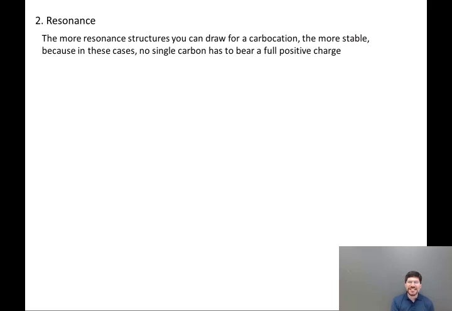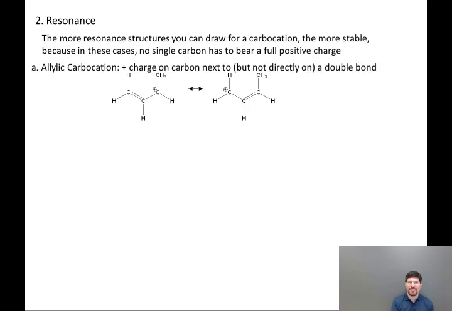In a previous lesson on resonance, you have already been introduced to the three important examples of resonance-stabilized carbocations, but I will go over them once again here for the sake of refreshing your memory. The first one is the allylic carbocation, in which the positive charge is on the carbon next to, but not directly on, a double bond. And you see how there are two resonance structures for the allylic carbocation.